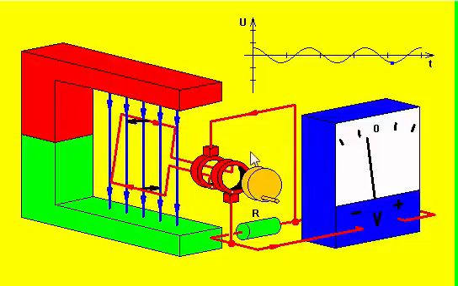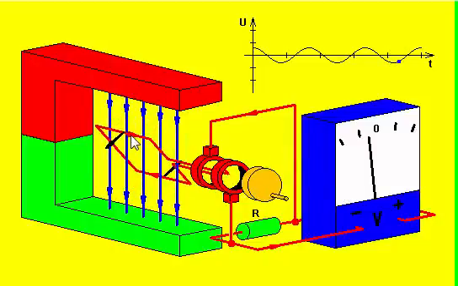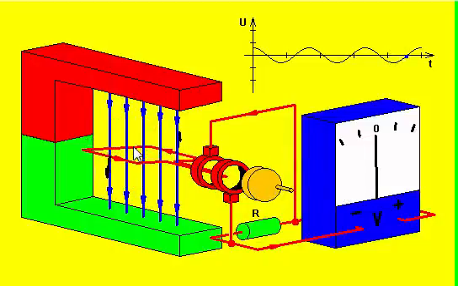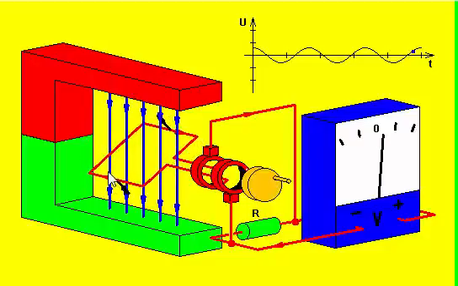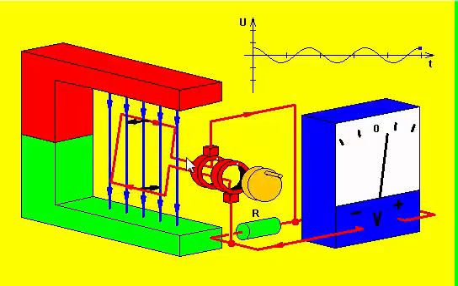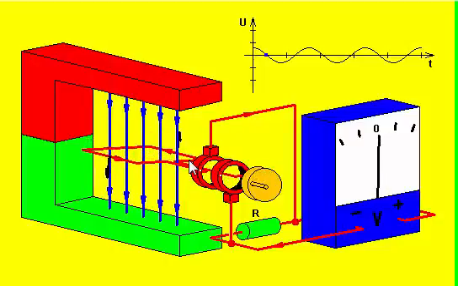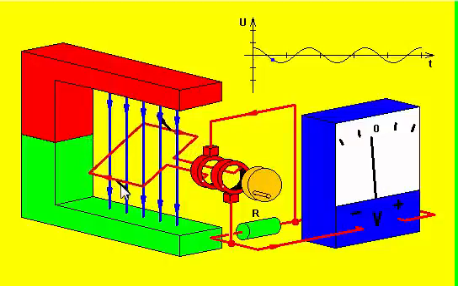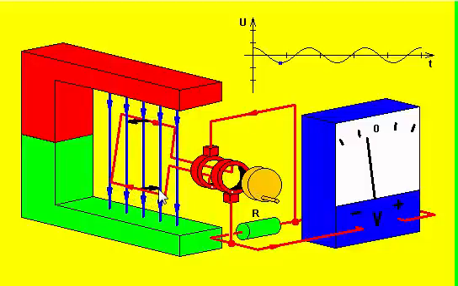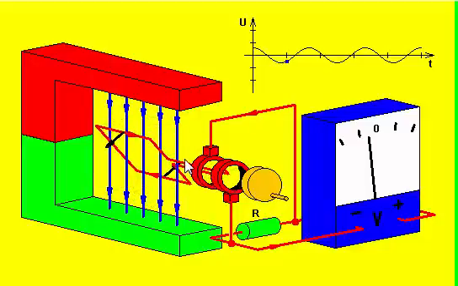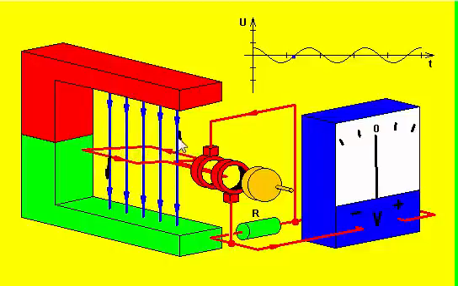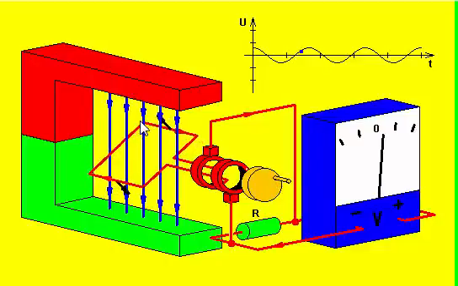Now as the loop moves down, it begins to cut more lines of force. Alright? The EMF decreases to zero, now increases, then decreases to zero, and increases, and so on.